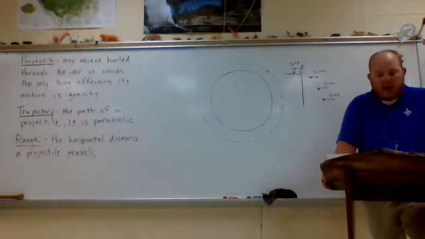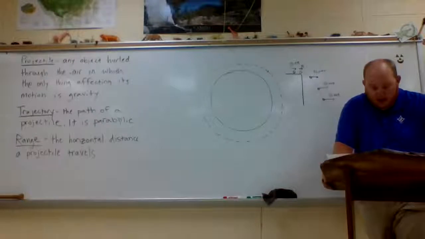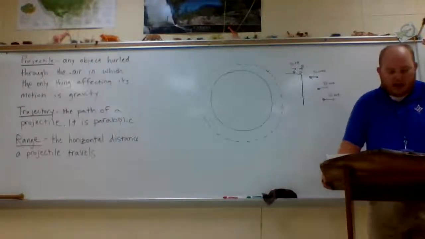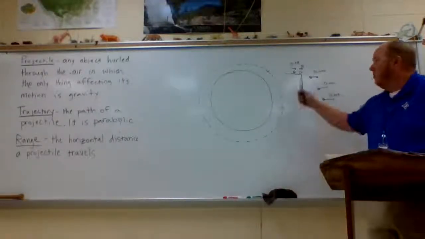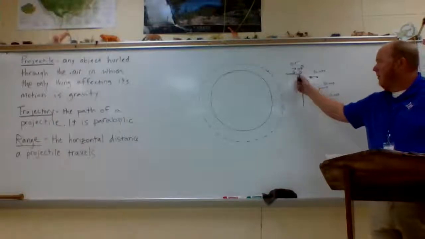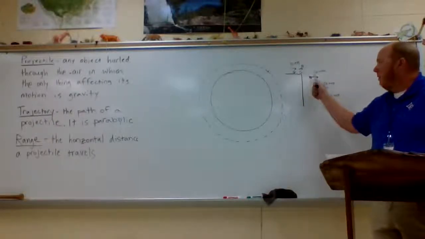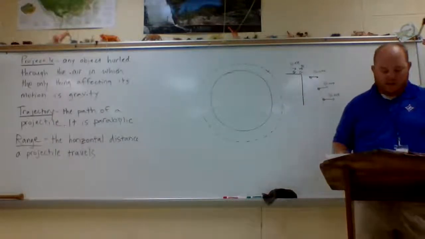Horizontal velocity remains constant. The ball continues to travel horizontally through the air at the exact same speed that it was rolling on the table. 50 miles per hour everywhere.